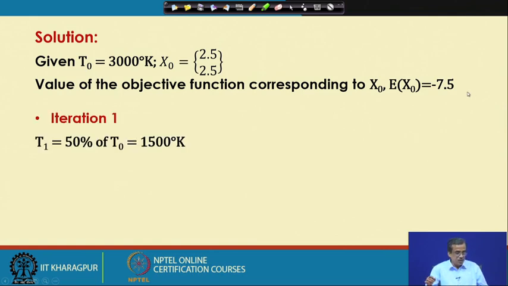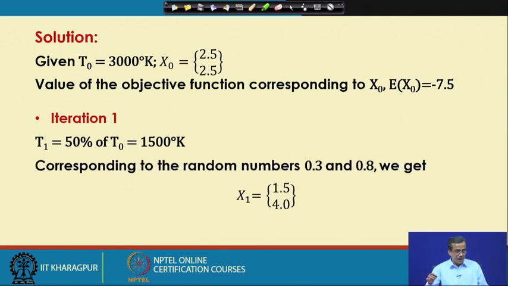Now, we go for iteration 1. In iteration 1, we find T1, that is 50% of T0, that is 50% of 3000 degrees Kelvin, that is nothing but 1500 degrees Kelvin, corresponding to the random numbers 0.3 and 0.8.